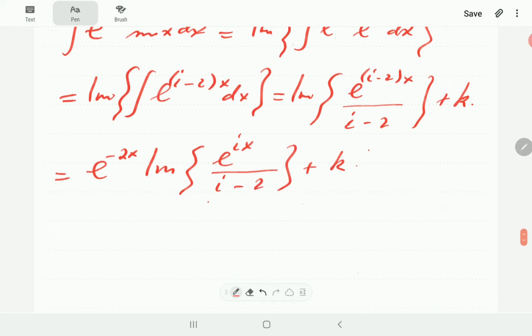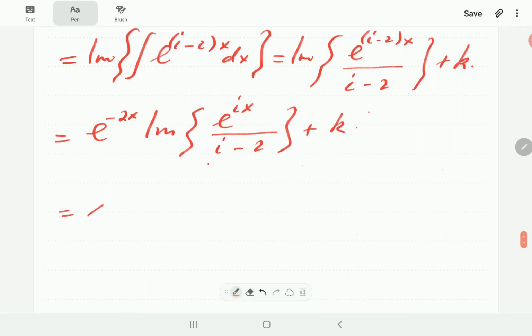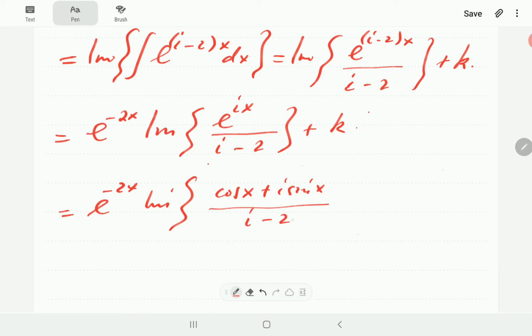In order for us to extract the imaginary part of that, we're going to write e to the ix as cosine x plus i sine x, as I already mentioned, divided by that.